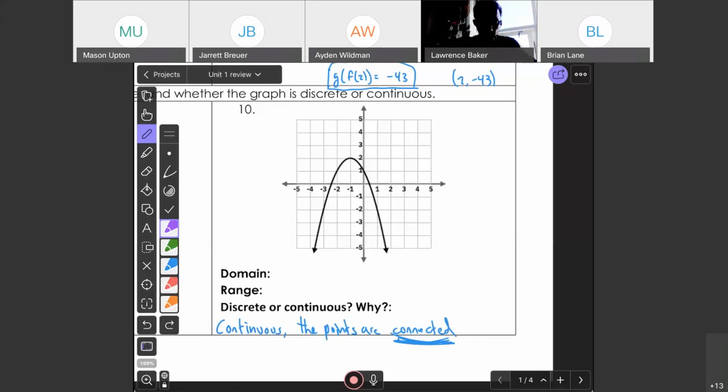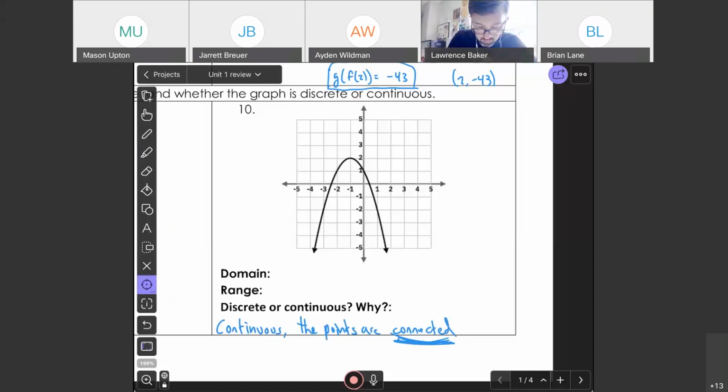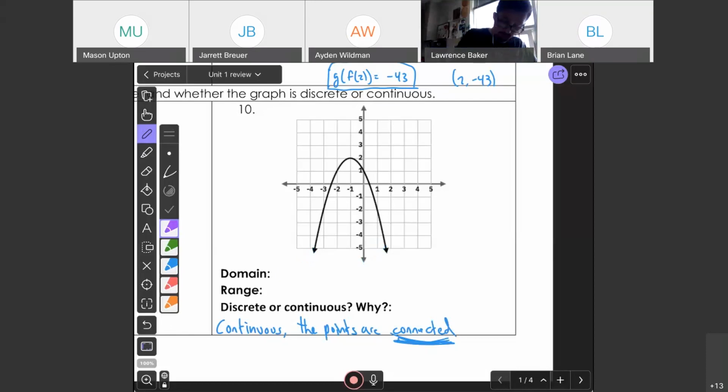So what's our leftist point here? Negative infinity. Yep. It goes left forever. What's our rightist point? Positive infinity. So from negative infinity to positive infinity. Infinities always get parentheses because we can't reach infinity. We can't hit infinity.